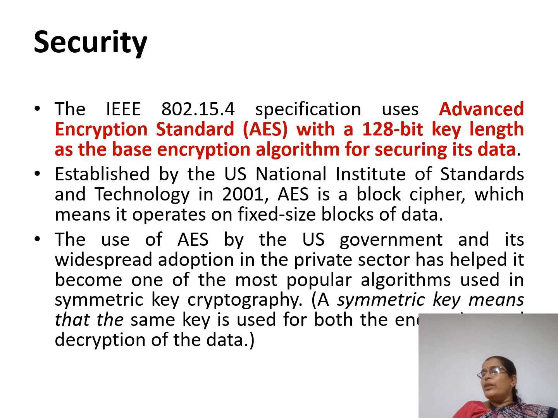Security: the IEEE 802.15.4 specification uses the Advanced Encryption Standard with a 128-bit key length, an encryption algorithm for securing data. AES was adopted by the US government, and its widespread adoption in the private sector has helped it become one of the most popular symmetric algorithms.